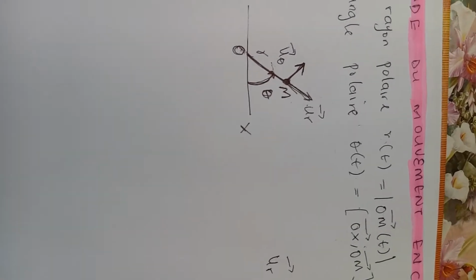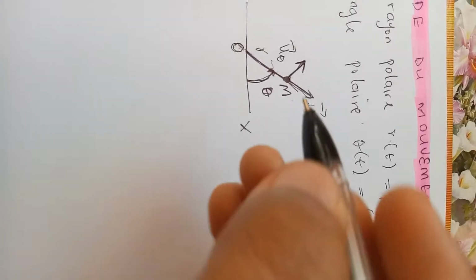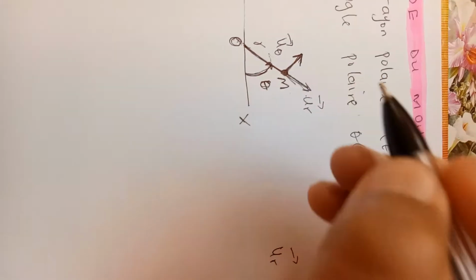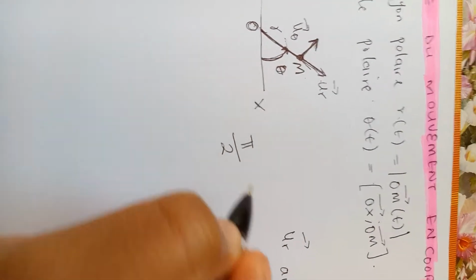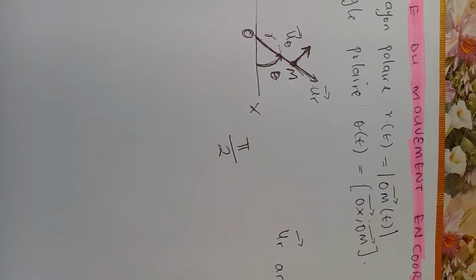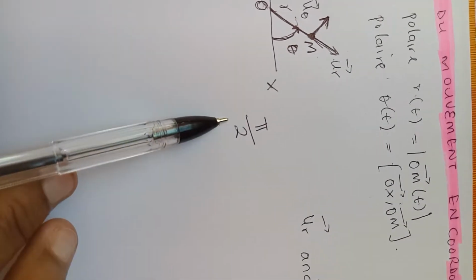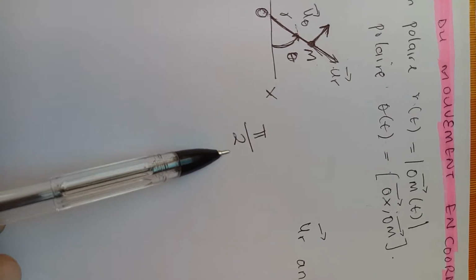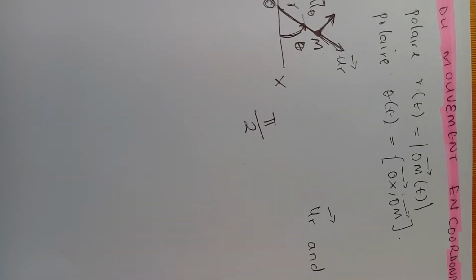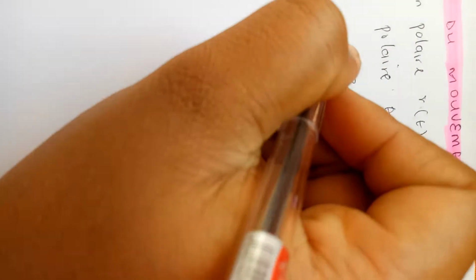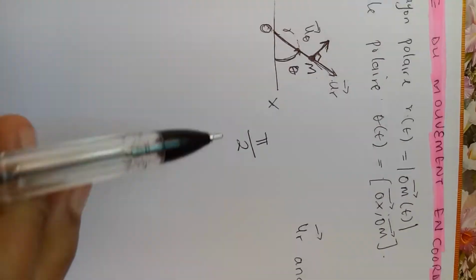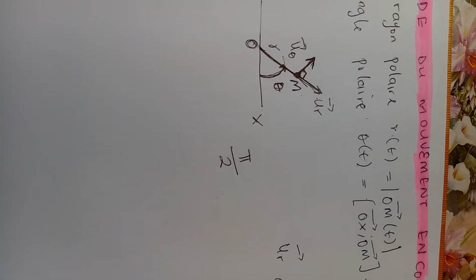And when you do that rotation, what do you obtain? It's 90 degrees. So when using trigonometry, we say it's pi over 2, that's like 90 degrees. So when you rotate this, you have it at 90 degrees.